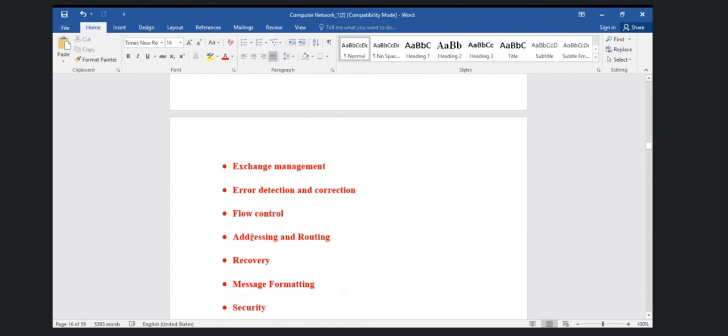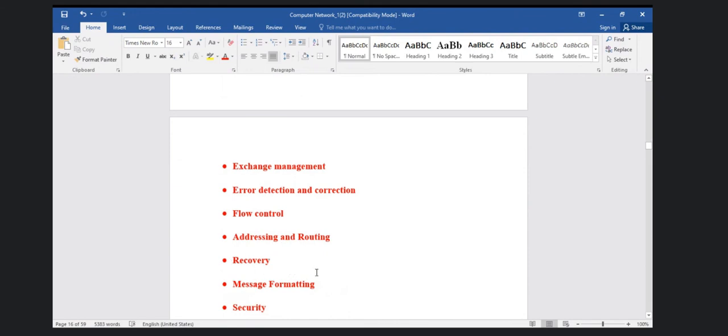So this falls under addressing and routing. And recovery: if a fault occurs in a transmission system, how could we send the information again? That falls under recovery.